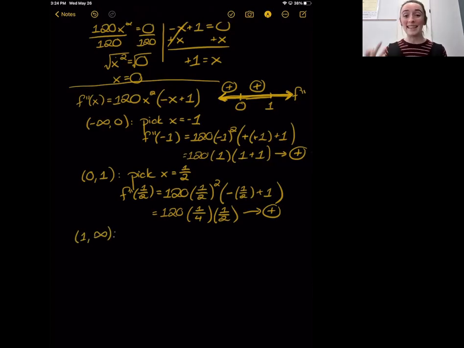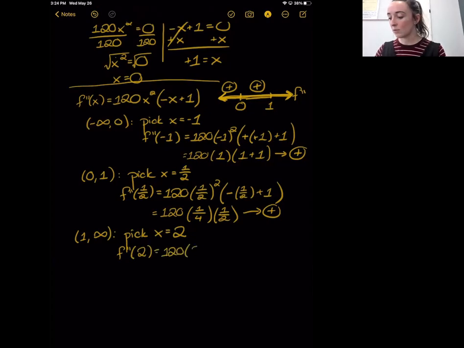Okay, what's going to be an easy x value to choose to check this interval? Let's maybe pick x equals 2. Okay, and then again, we'll plug it into our second derivative. f double prime of 2 is 120 times 2 squared times negative 2 plus 1. Let's try to simplify this a little bit.